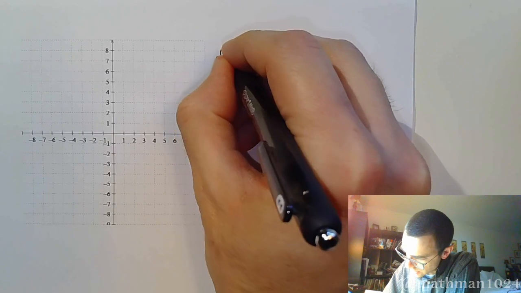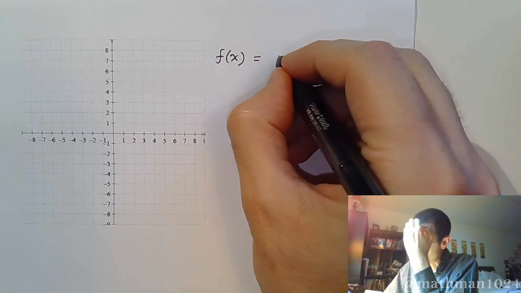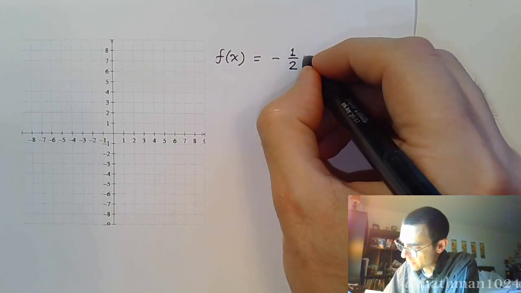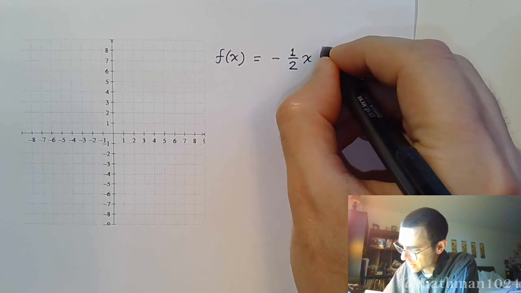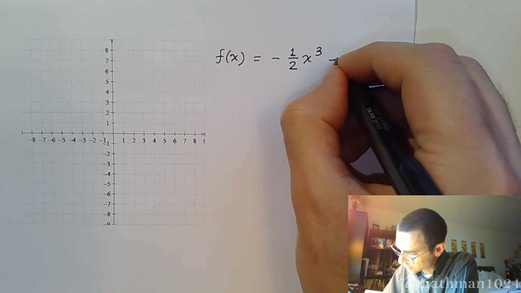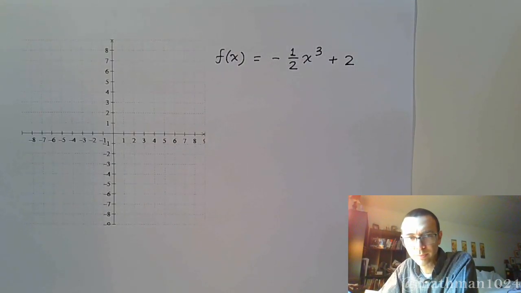All right, now to some of the tough ones. Let's do f of x is equal to -1/2 x to the third plus 2.